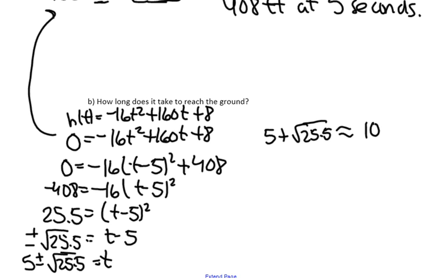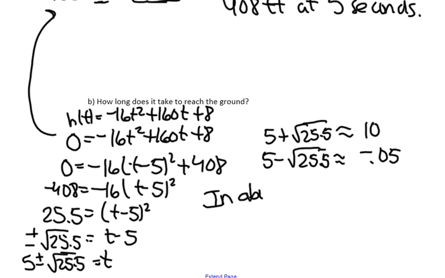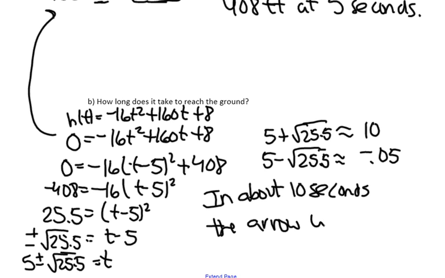Okay, and then the other one ends up being, well, that's negative. Again, we don't want the time to be negative. Okay, so in about 10 seconds, the arrow will reach the ground.